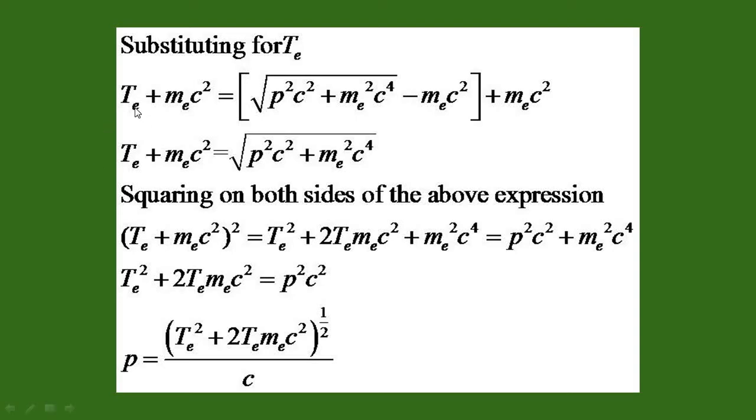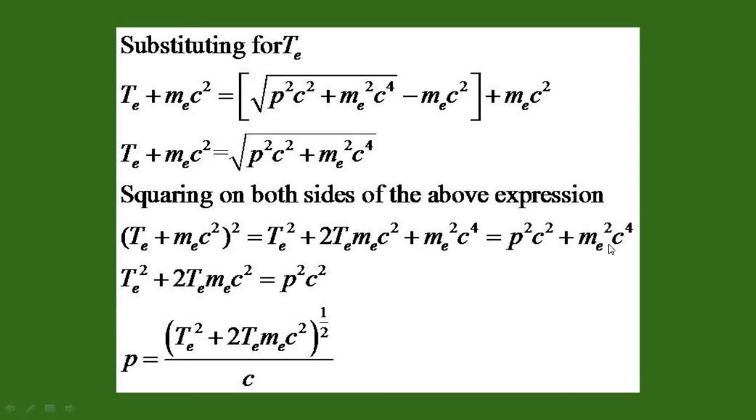So in that expression, Te plus me c square, the total energy, suppose you substitute the expression for Te, which we have already as root of p square c square plus me square c raised to 4 minus me c square, and this is the rest mass energy, so plus me c square. So Te plus me c square will be root of p square c square plus me square c raised to 4. On squaring both sides, (Te plus me c square) the whole square will be Te square plus 2Te me c square plus me square c raised to 4, and on this side it will be p square c square plus me square c raised to 4.